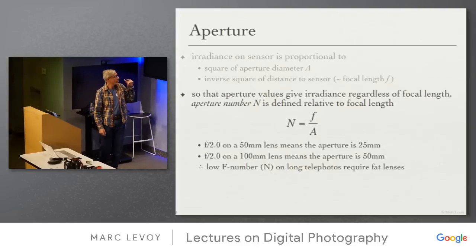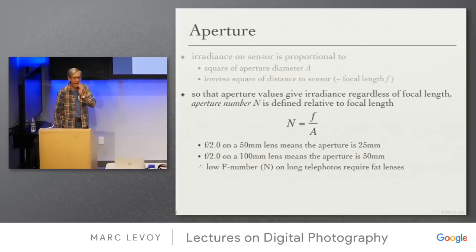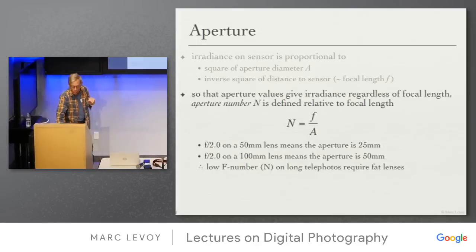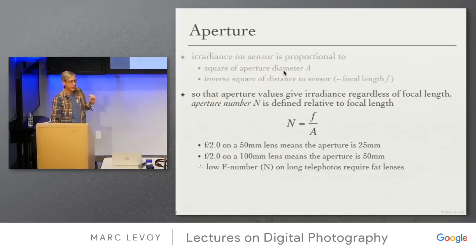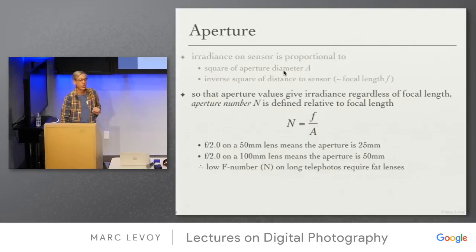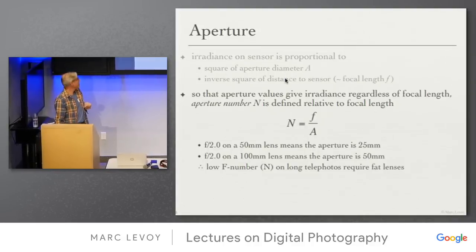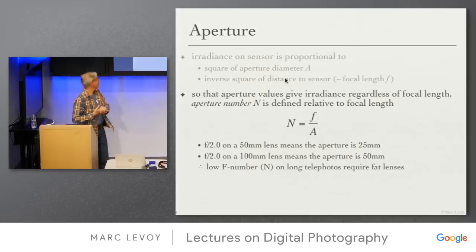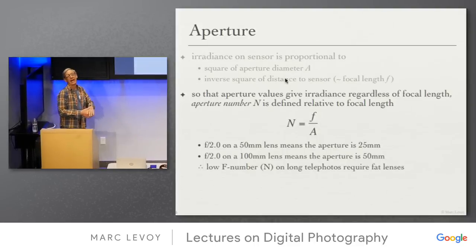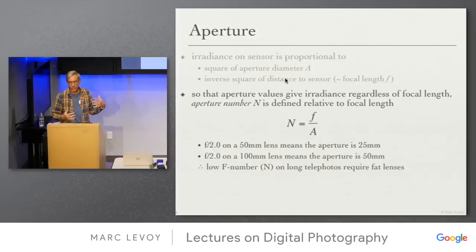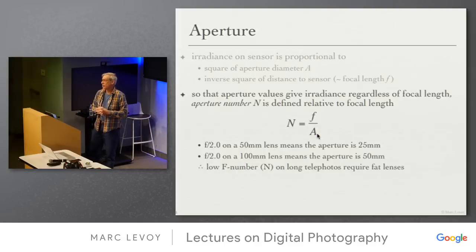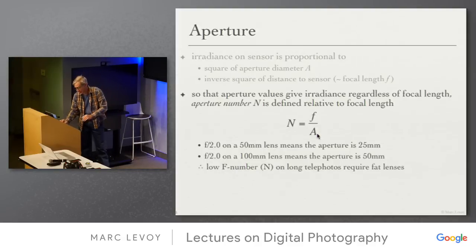Okay, so we were here last time, and we were saying that irradiance was proportional to the square of the aperture diameter, and inversely proportional to the square of the distance to the sensor. And so in order that there weren't these extra variables, photographers made up this number, N equals f over A, that's the f number, in order to factor out the focal length.